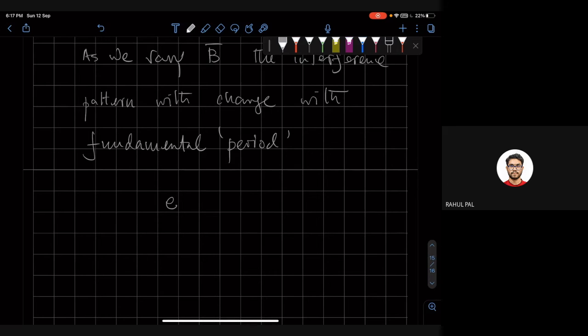Let me put this in quotes. What will be the period? The condition will be given by e over h bar c times the flux Phi_B equal to 2 pi, right? Because in the exponential, the argument will be periodic if the argument of the exponential changes by 2 pi.